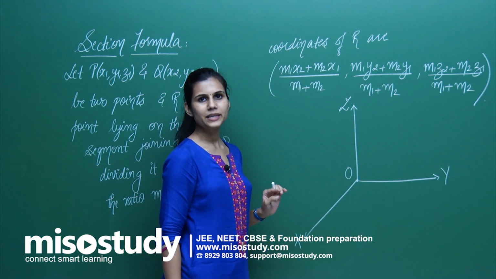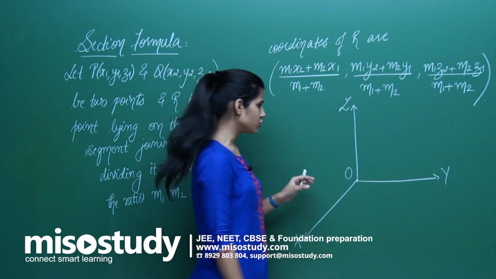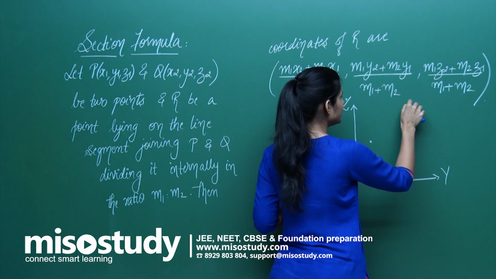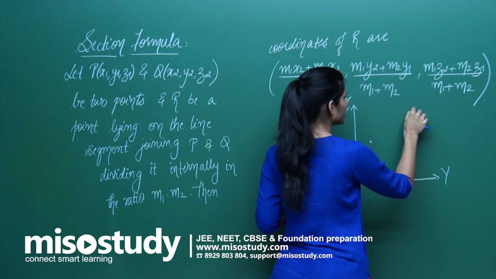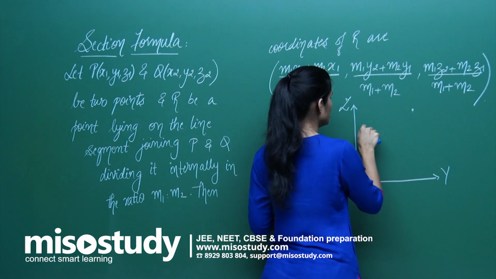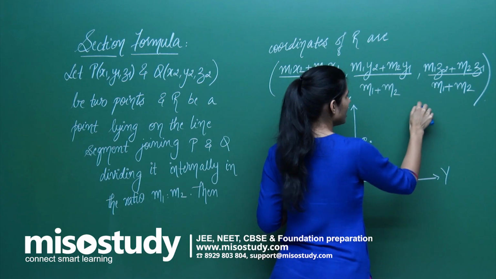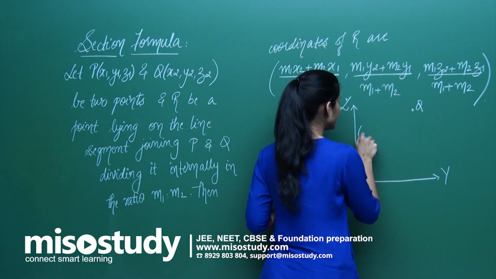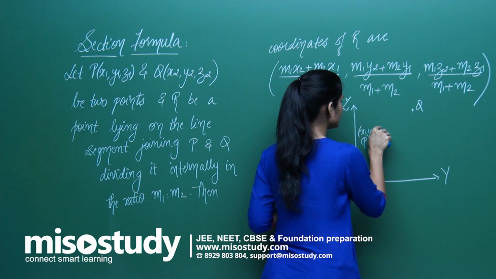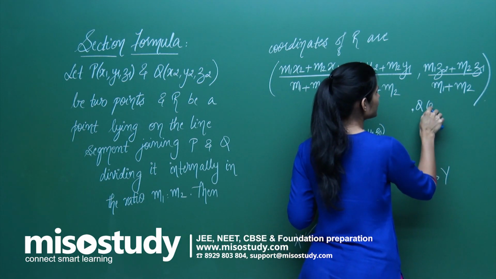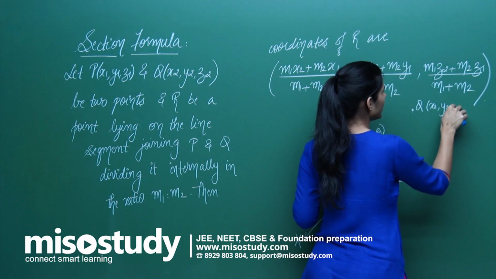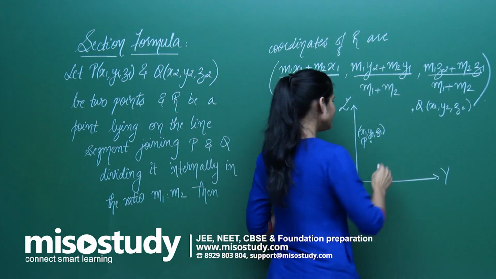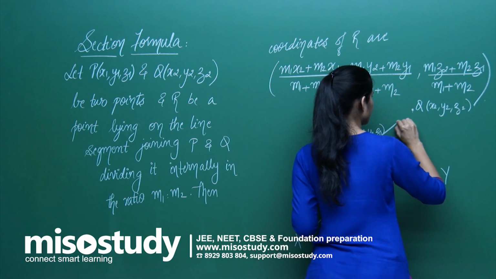I have points P and Q in space with coordinates given to me. So suppose this is P and over here somewhere is Q. P has coordinates x1, y1, z1. Q has coordinates x2, y2, z2. Join the segment PQ.